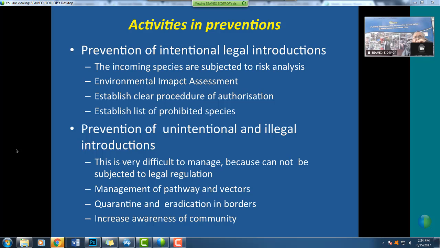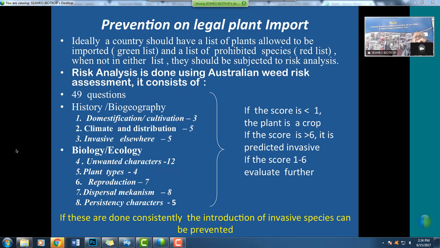Next slide. And this is why I told you that prevention of illegal plant import is easier because we have the system of how to do the risk analysis.